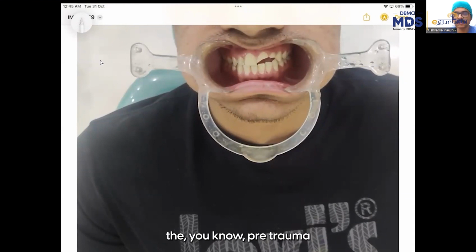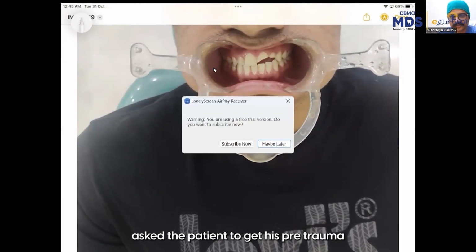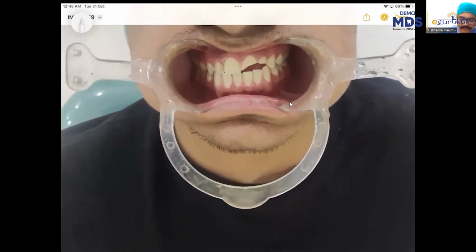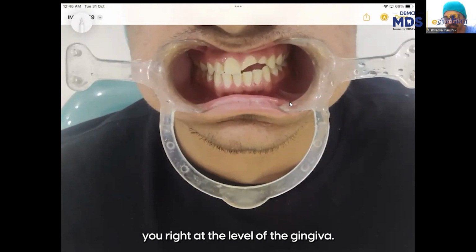I asked the patient to get his pre-trauma photographs for us. We observed those and realized that more than half of the tooth structure is gone. Similarly, for the central incisor, around the mesial surface you do have some length of the tooth remaining, but at the distal angle, practically nothing is left. You're right at the level of the gingiva.